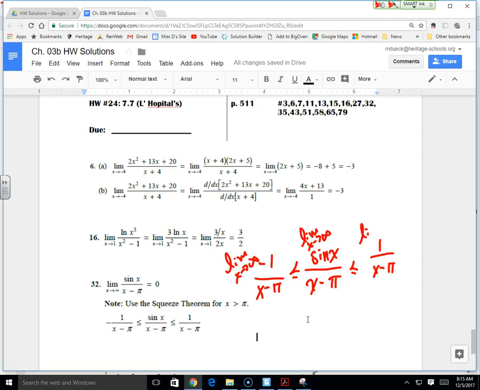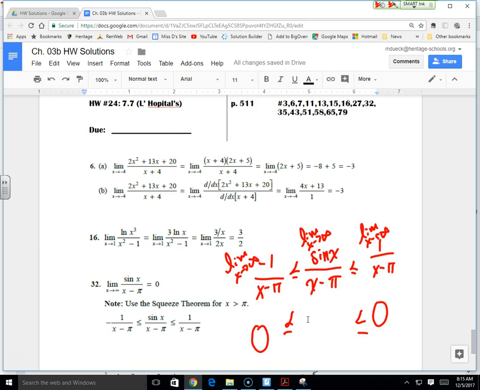And guys, how are we going to take the limit of both of the sides of sine of x over x minus pi? And bottom wins. So what's 1 over infinity? 0. So what is this answer going to squeeze to be? It has to be greater than or equal to, and less than or equal to. It has to be equal to.